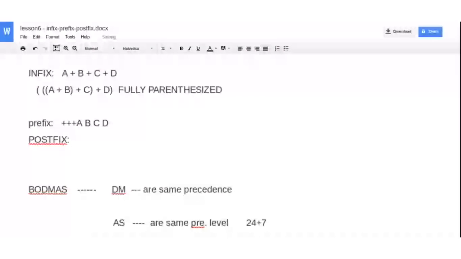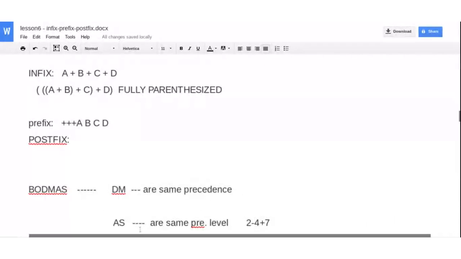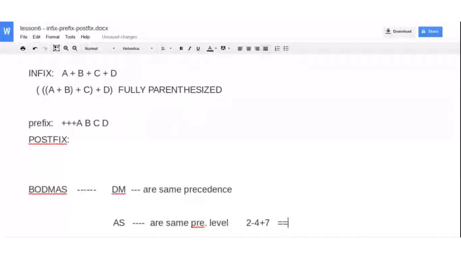You notice that if you assume that addition should be done before subtraction, there will be a problem here, because if you do it that way, you'll have 2 minus 11, which is not correct.